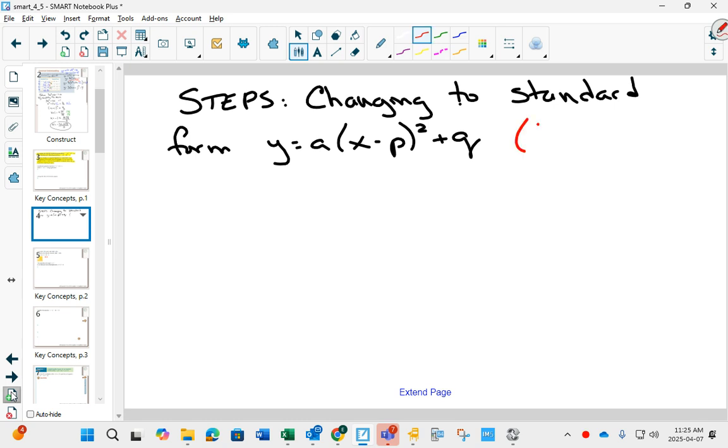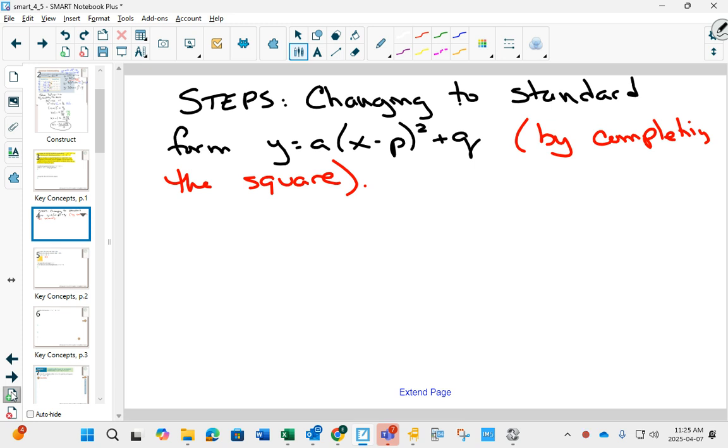And then I'll just put in brackets here. And we're going to use a method very similar but slightly different to the completing the square that we did for solving equations.